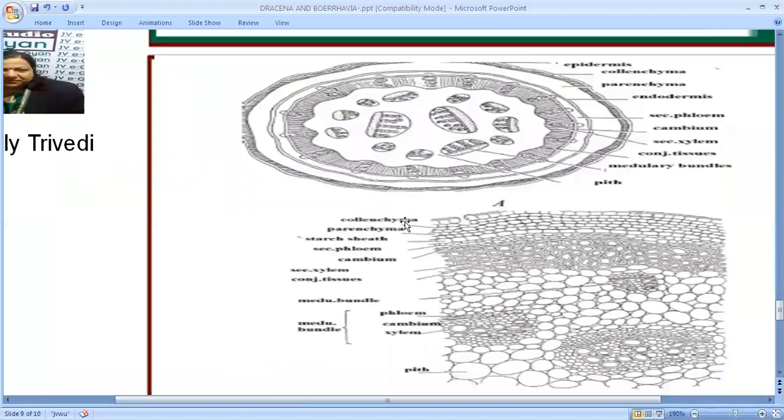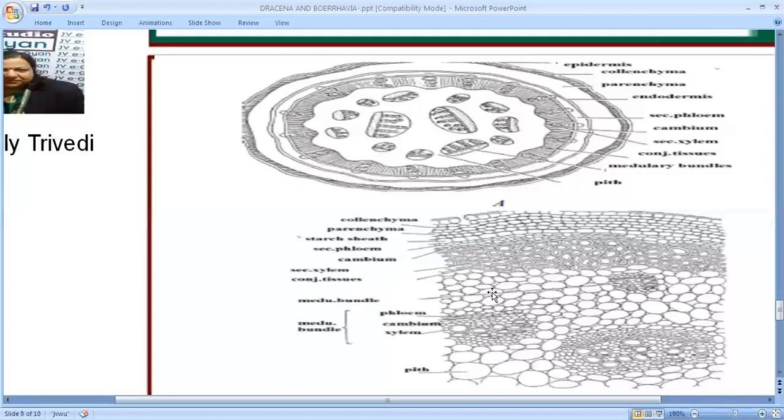Now this is collenchymatous, parenchymatous, starch sheath, and here is the secondary phloem produced by the cambium, and here is the secondary xylem. So this region is the anomalous growth region. How? Because of the conjunctive tissue which is produced here.